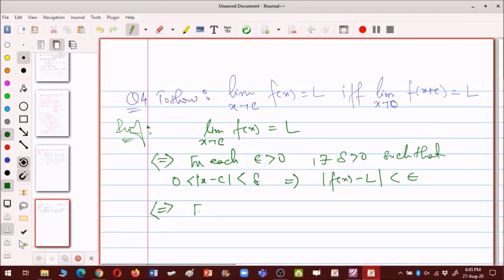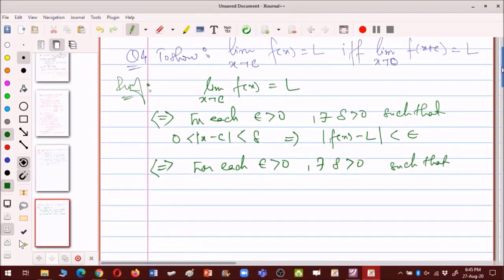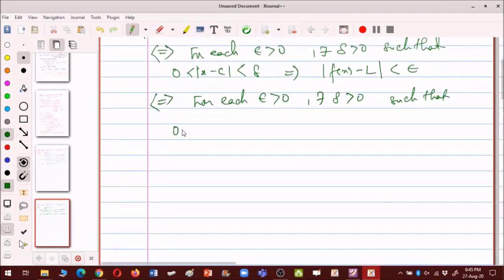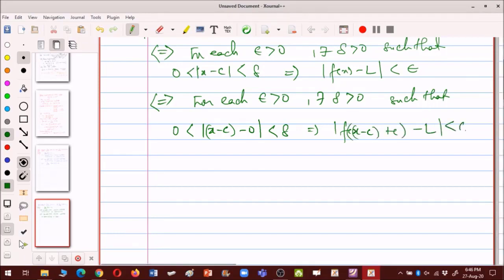This is equivalent to writing, for each epsilon greater than 0 there exists delta greater than 0 such that I can write it like this: 0 is less than |x minus c minus 0| less than delta implies f(x minus c plus c) minus L less than epsilon.